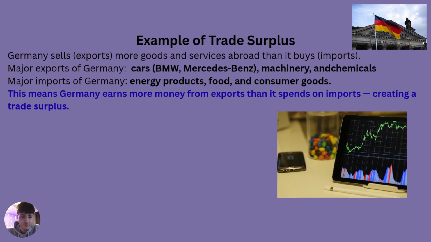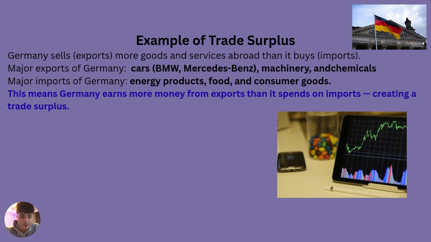An example of a trade surplus is Germany, which exports more goods and services abroad than it imports. The major exports of Germany are cars, BMW, Mercedes Benz, machinery and chemicals. Major imports of Germany are energy products, food and consumer goods.